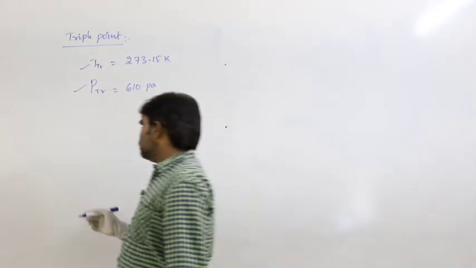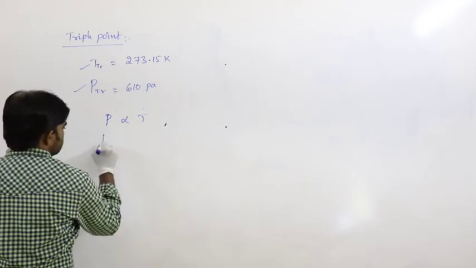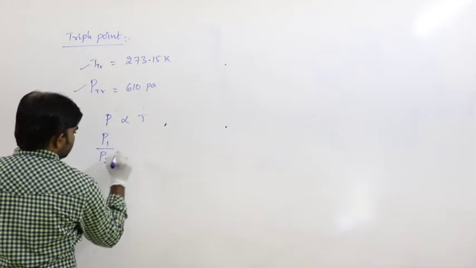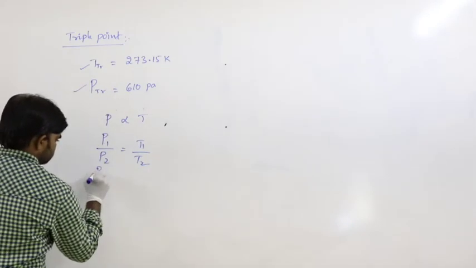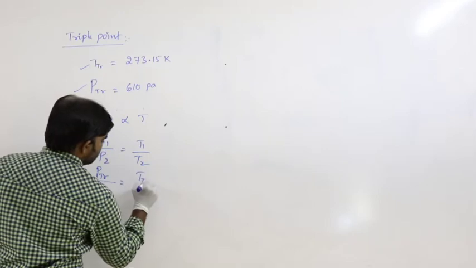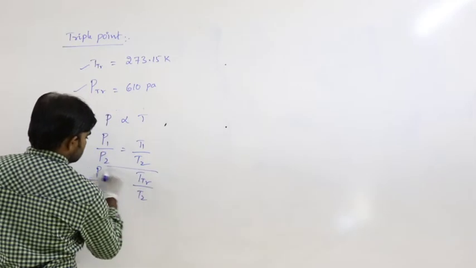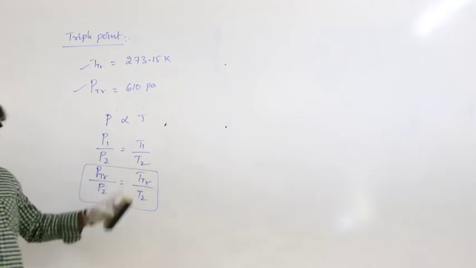So based on this, we know pressure is directly proportional to temperature. So we can write P1 by P2 is equal to T1 by T2. In these, one pressure is the triple point pressure and one temperature is the triple point temperature. PTR by P2 is equal to TTR by T2.